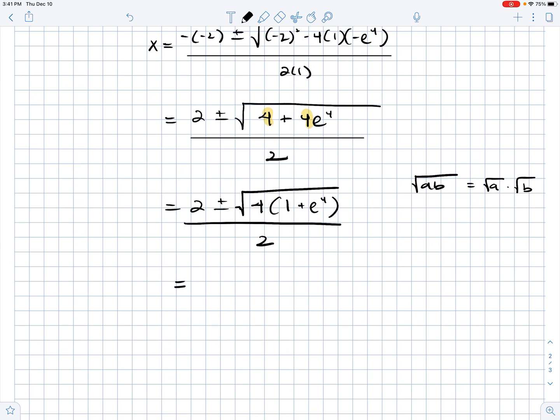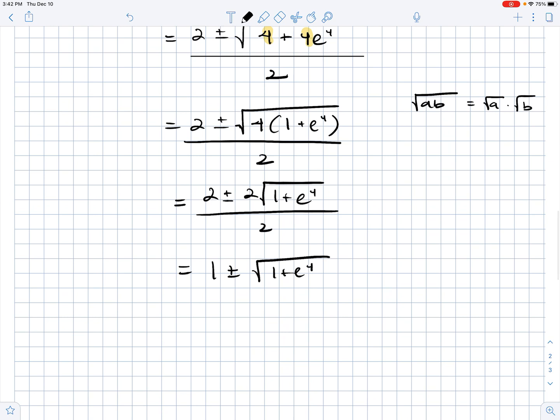So once we do that, I'll write that extra step: that would be 2 plus or minus 2 times the square root of 1 plus e to the 4th, all over 2. Then that simplifies to 1 plus or minus the square root of 1 plus e to the 4th. So I'm going to separate those two solutions and then check for extraneous solutions.